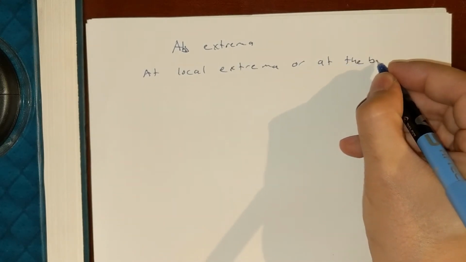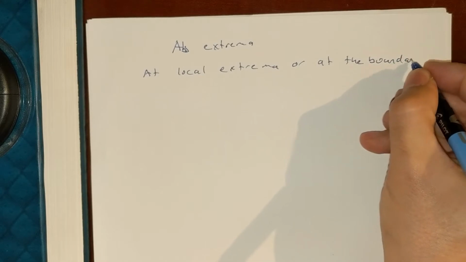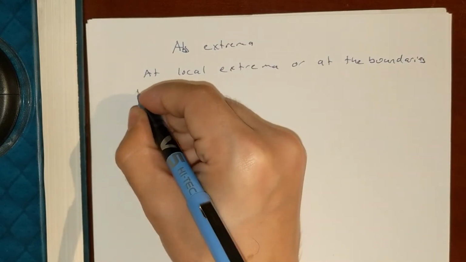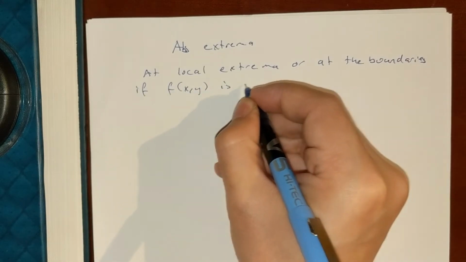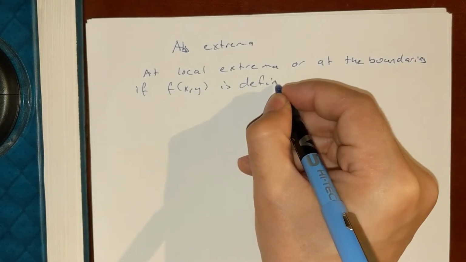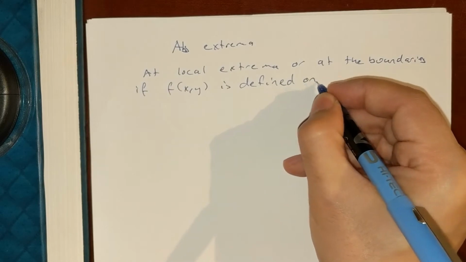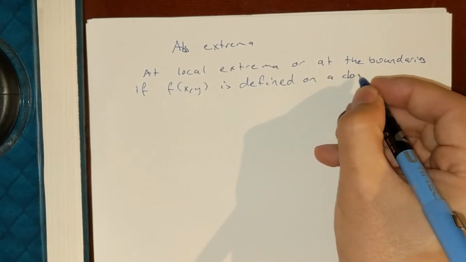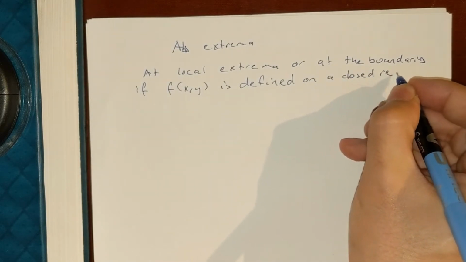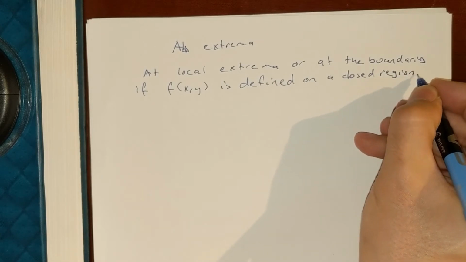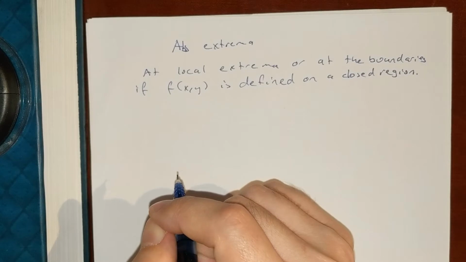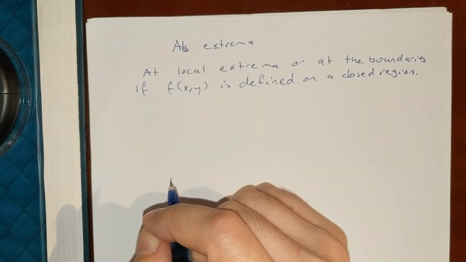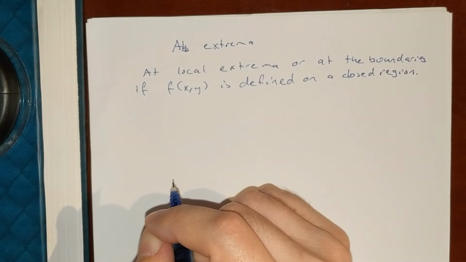The boundaries apply if f of x, y is defined on a closed region. If you have a continuous differentiable function, we know from Calc 1 it's going to have absolute maxima and absolute minima definitely on a closed region.